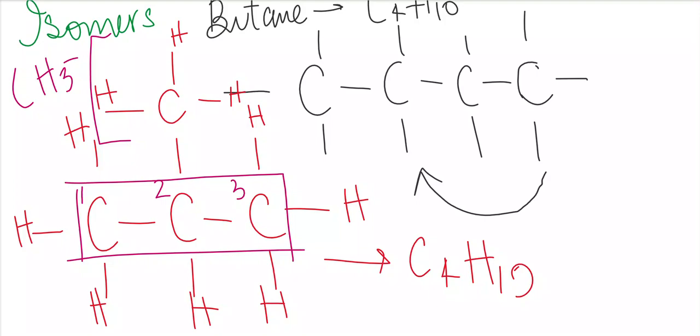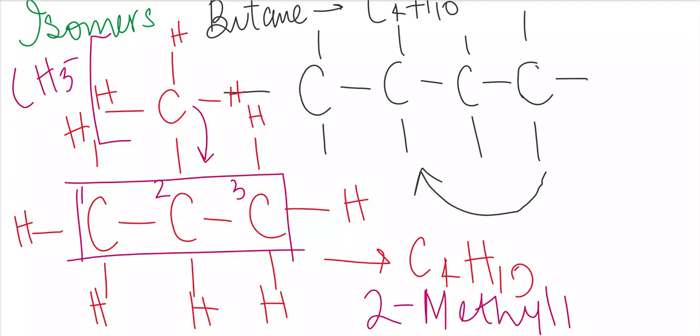So you can write the name as, methyl is attached to the second carbon atom, so 2. First you have to write the position of the carbon, next methyl, and then we have the 3 carbon atoms that are present in the alkane, that is known as propane. So the name of this is 2-methyl propane because of the difference in the structure.